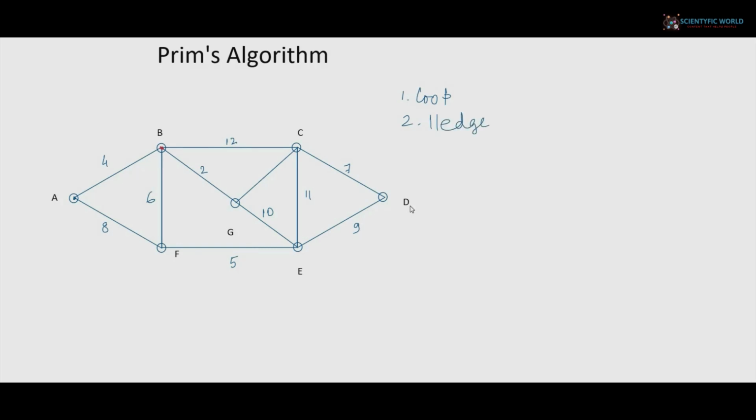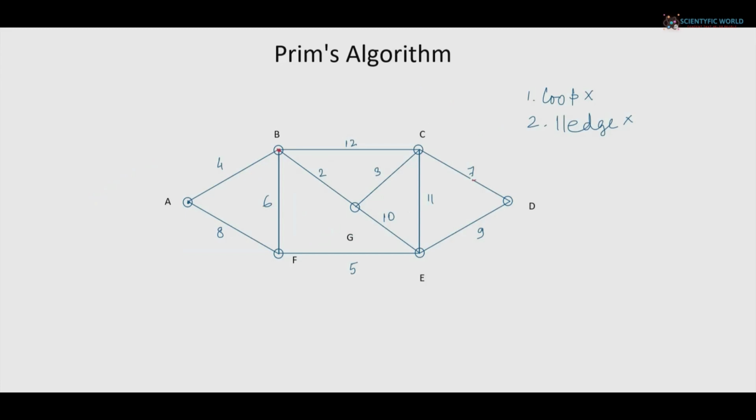If there are any loops present in our graph, then we have to remove them. And the same goes for parallel edges. If there are any parallel edges, then we have to remove that edge. Now keep another thing in mind while removing the edges.